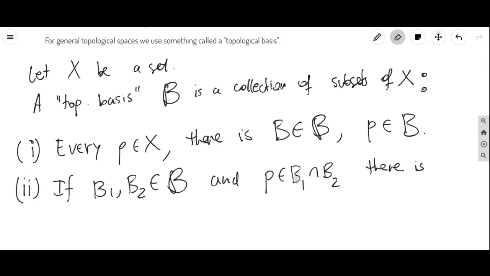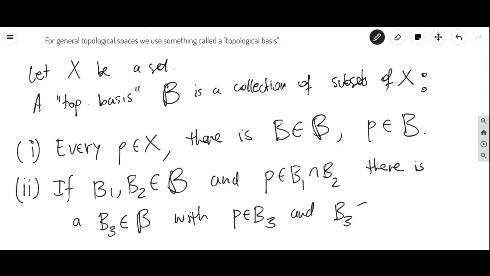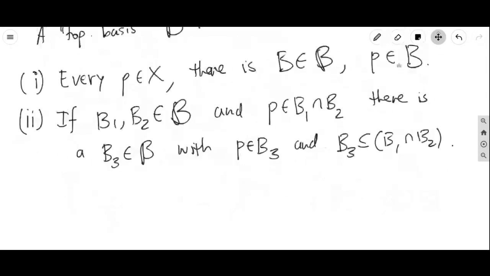It could happen that the intersection is again in the basis, in which case there's nothing to check. But usually it may happen that the intersection is not in the basis. And then we say there is a B3 in the basis with the point in B3, and B3 is a subset of B1 intersect B2. And then we mentioned this proposition.